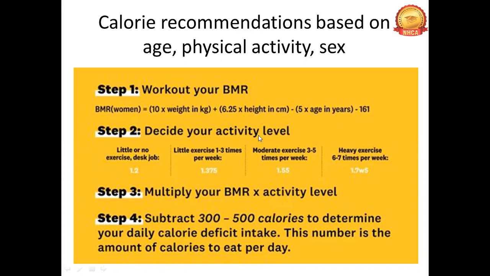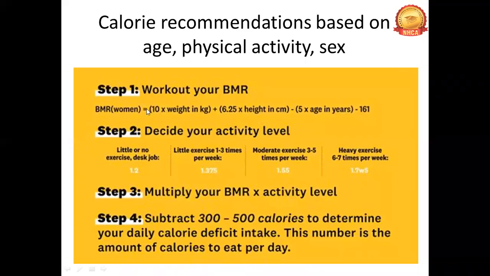Yes, exactly. For a man, you just add +5 at the end of the BMR formula, the St. Joer and Mifflin formula. For women, you see here at the end, it is -161. For men, it is +5. That's the only difference in the BMR formula.